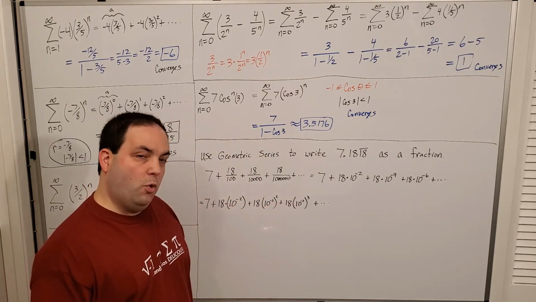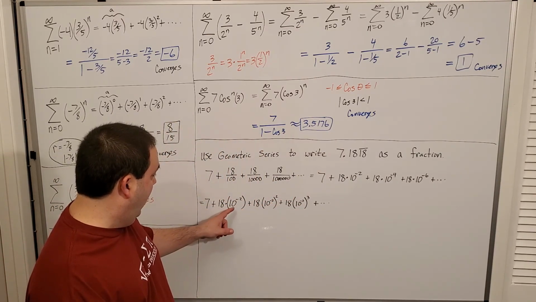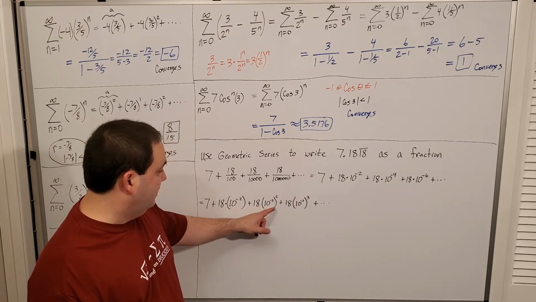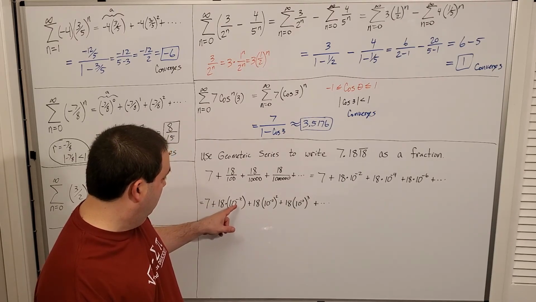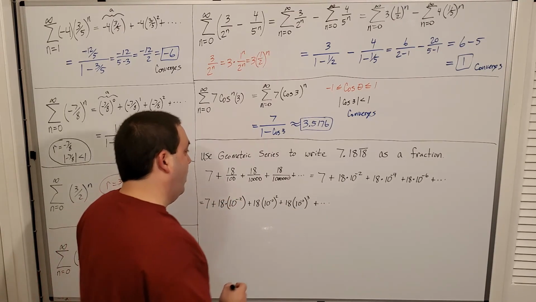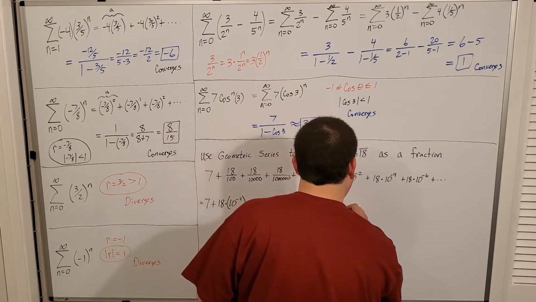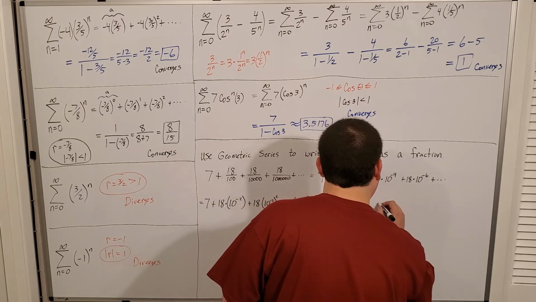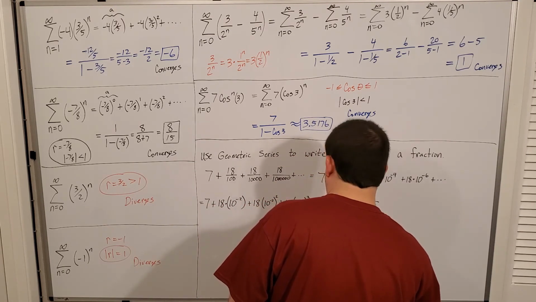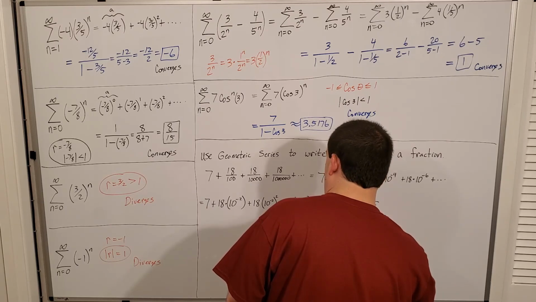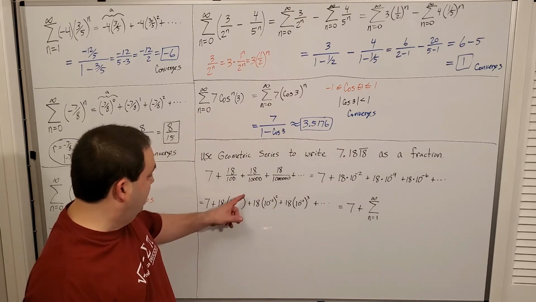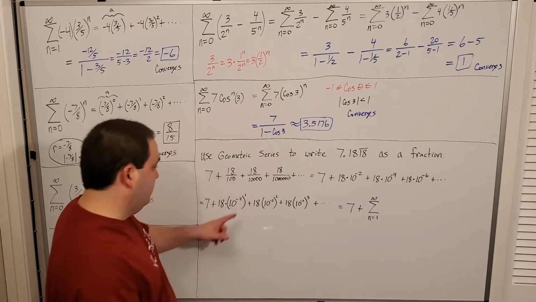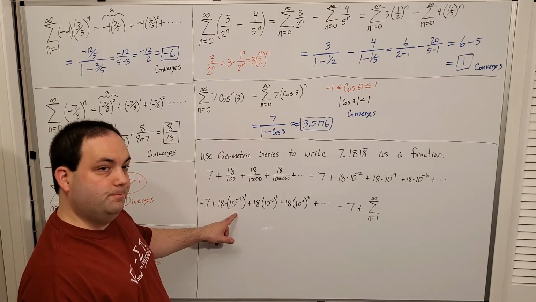Do you see how this is forming into a geometric series? I have this one object that is continuing to grow in power, in exponent. So I could actually rewrite this as 7 plus the summation n equals 1 to infinity. Notice I had to go with 1 because this first one is to the 1 power here, right?